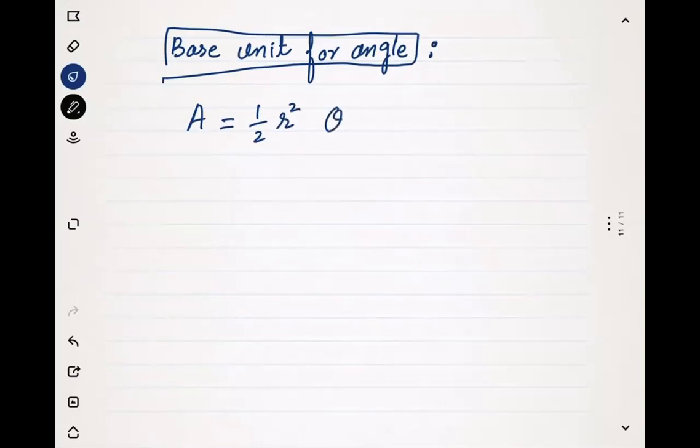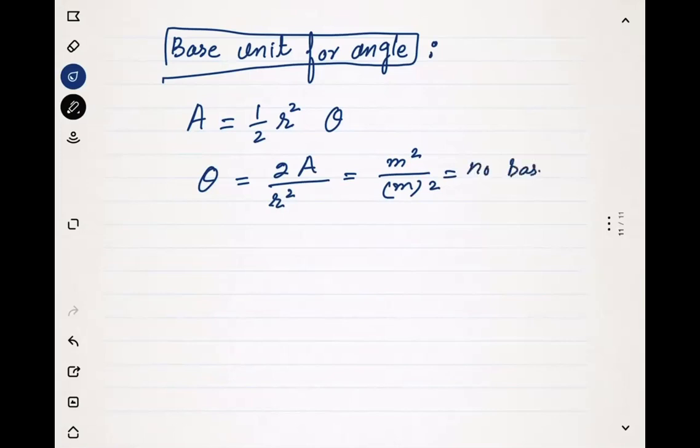Now, if we make theta the subject of the formula, it would become theta is equal to 2 times area over r square. 2 has no unit, area has a unit of meter square, and r has a unit of meter. This gives that angle has no base unit. And if something has no base unit, it is called dimensionless.